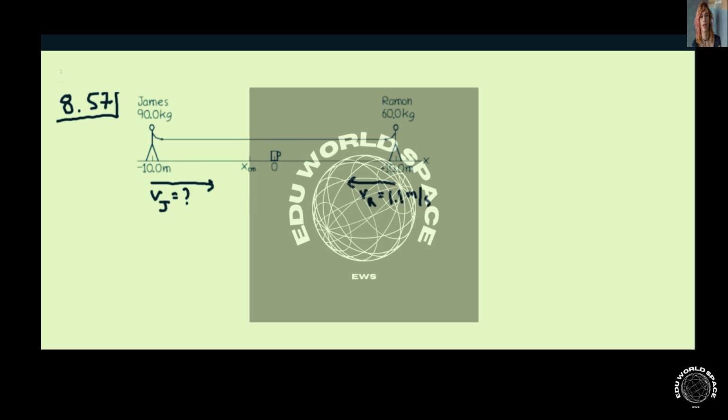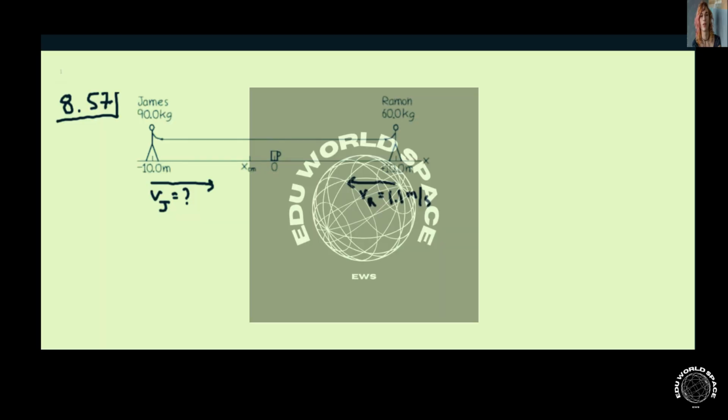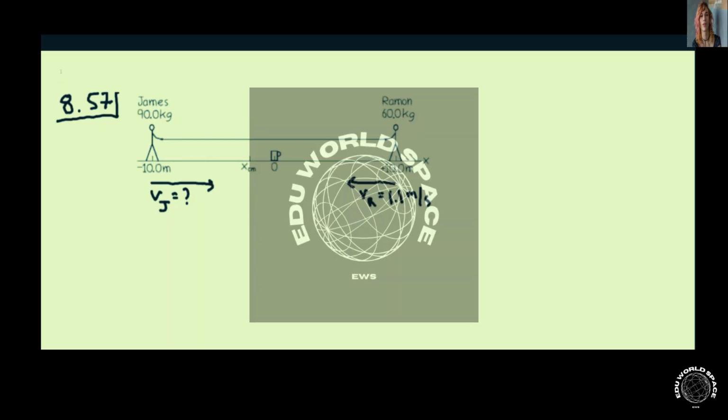And for this problem, we're asked to suppose that Ramon pulls on the rope to give himself a speed of 1.1 meters per second. And now we want to figure out how fast that's going to cause James to go. Because everybody's starting off at rest here, the net momentum is 0, and the velocity of the center of mass, therefore, is 0.